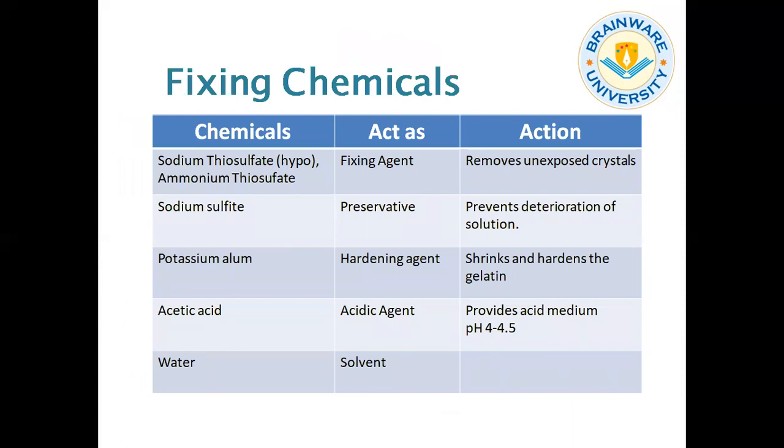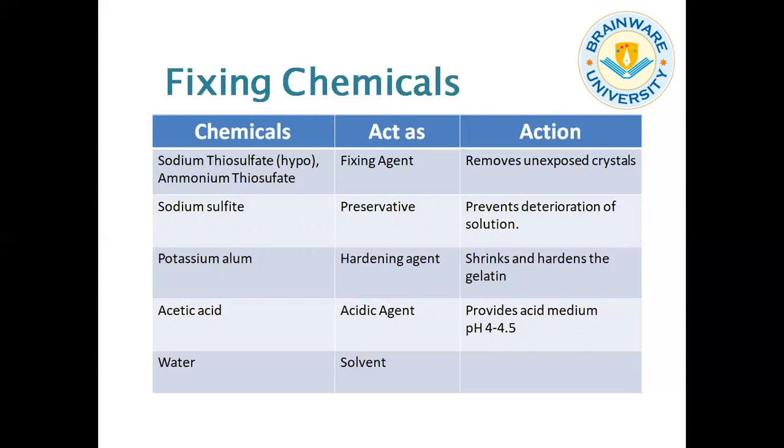So what are the chemicals used as fixing solution? As fixing agent, sodium thiosulfate and aluminum thiosulfate are there to remove the unexposed and undeveloped crystals from the emulsion layer.